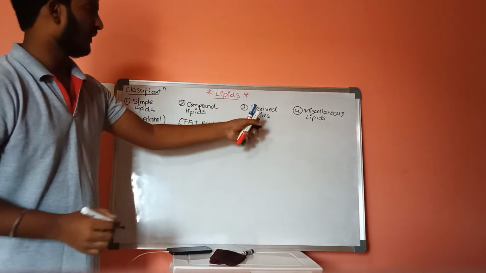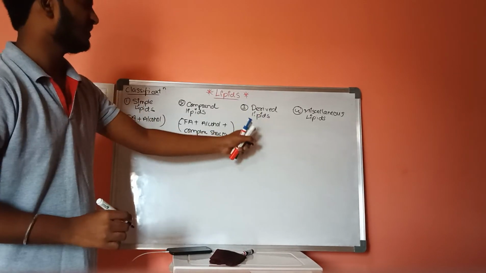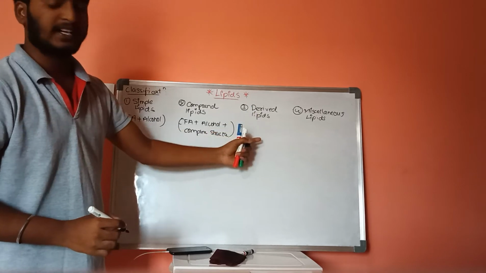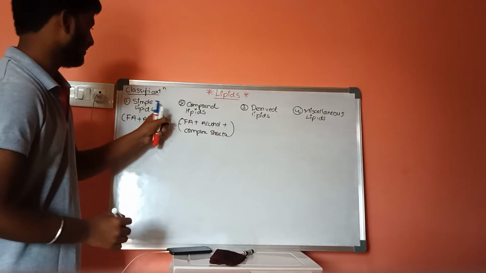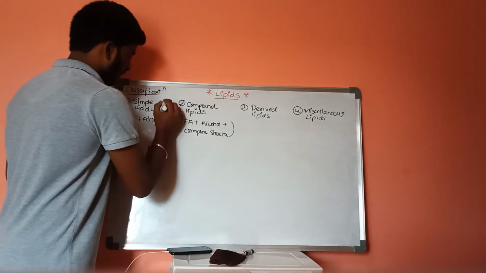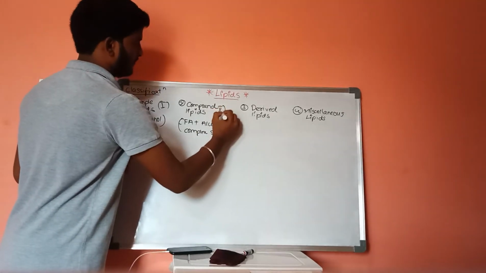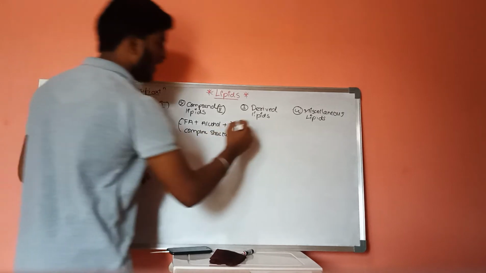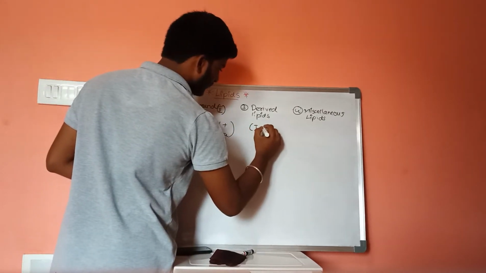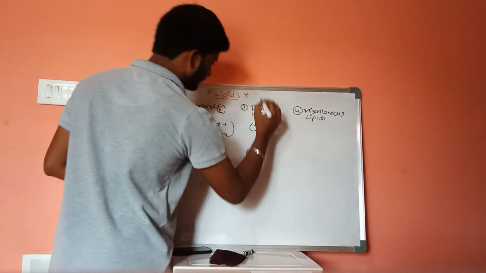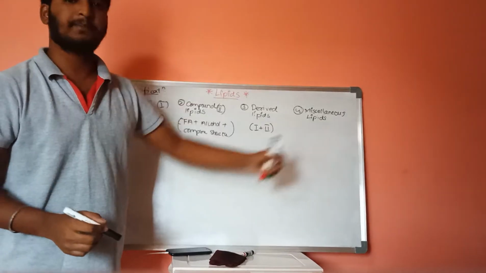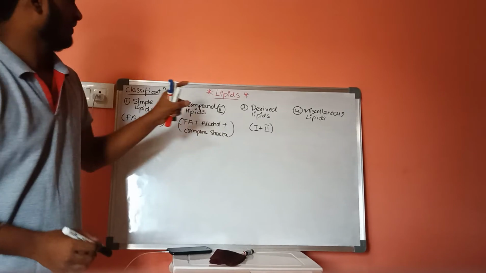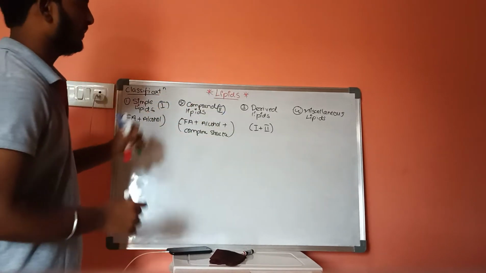If we discuss the composition of derived lipids, it consists of group 1 and group 2. Miscellaneous lipids possess the characteristic features of lipids.